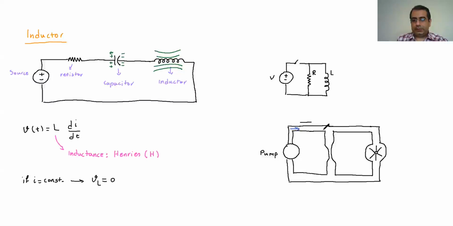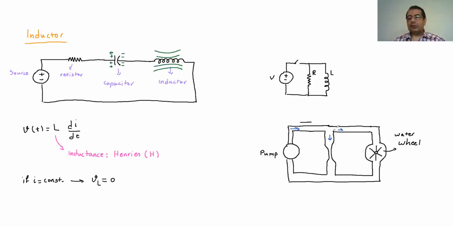The water goes here, and it has two ways of going: one way is going here, and one way is going through the water wheel. Initially, the water wheel provides a lot of resistance because it's heavy and difficult to rotate, so most of the water goes through the first line, and then some starts to go to the second one and slowly rotate the water wheel.